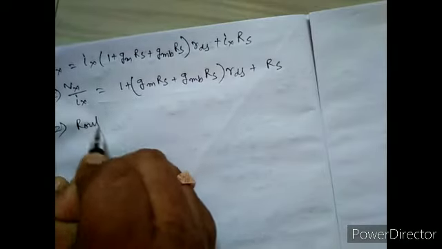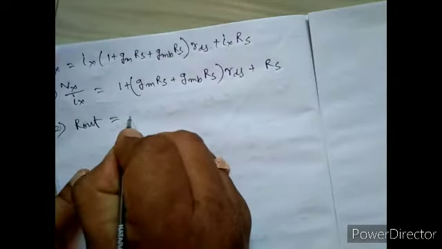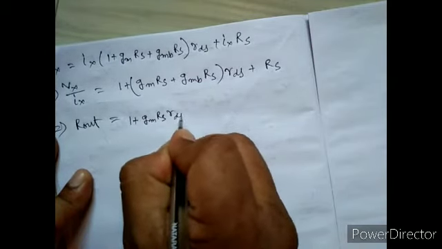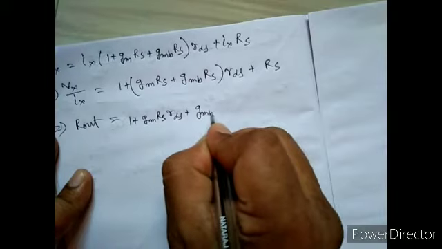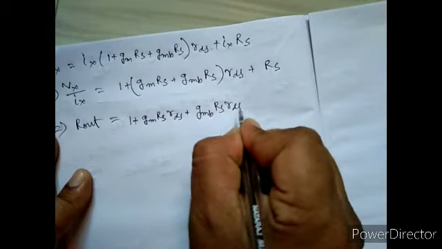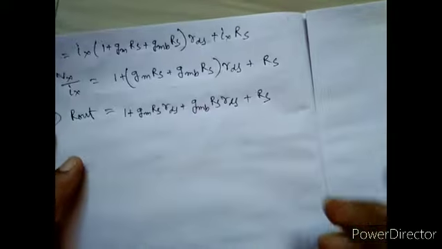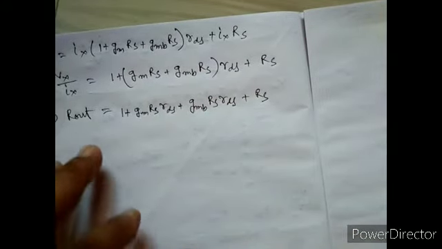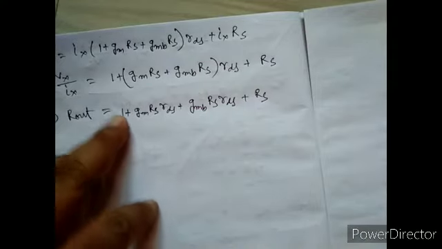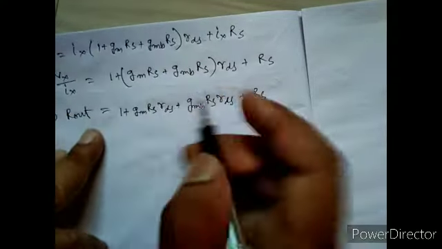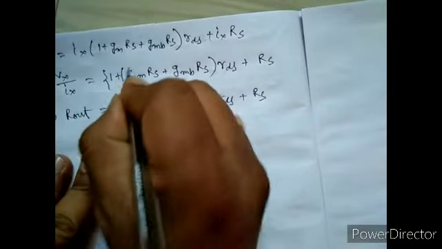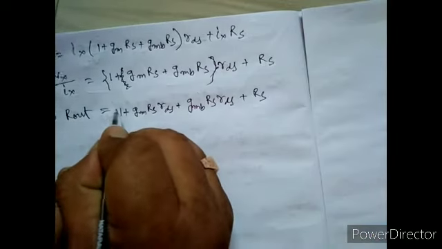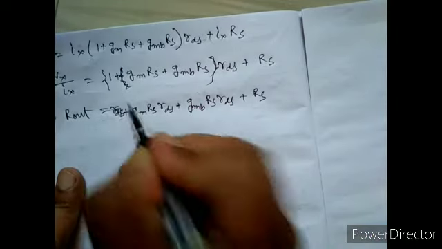So R out equals 1 plus GMRS RDS plus GMBRS RDS plus RS. If we simplify, then we can write, this RDS is common here also, sorry, so this RDS will come across here.